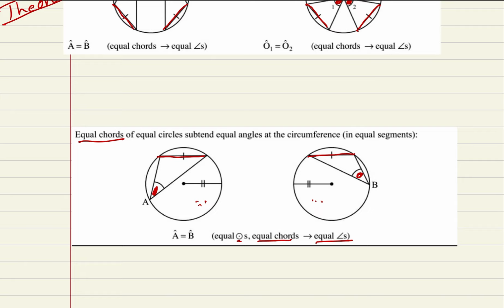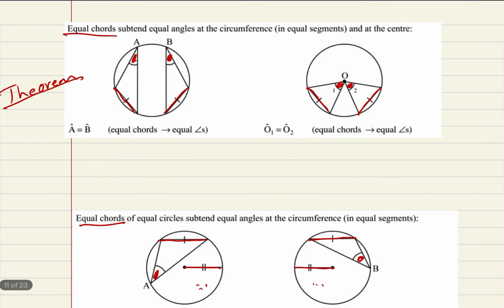Since they have two different circles which are equal, it means the angles are equal. How do I know that these two triangles are equal? Look at their radius. This radius and that radius are equal.